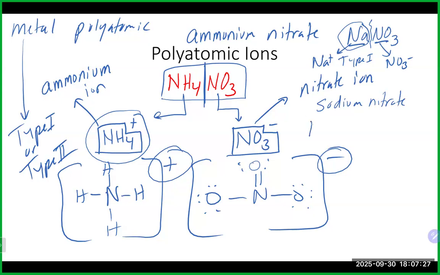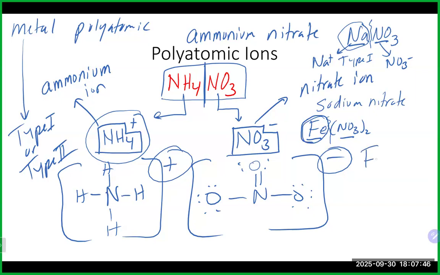Now, if I took my iron like we saw earlier, and I do the same kind of setup here, and I break it right apart there, I again have a metal and a polyatomic ion. My metal, again, is the most important thing there, and that is a type 2 metal.